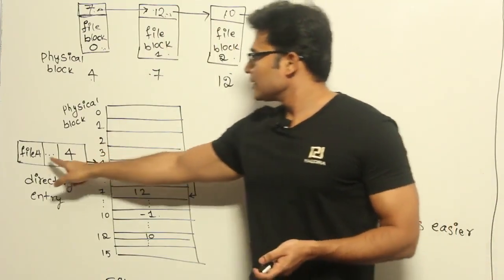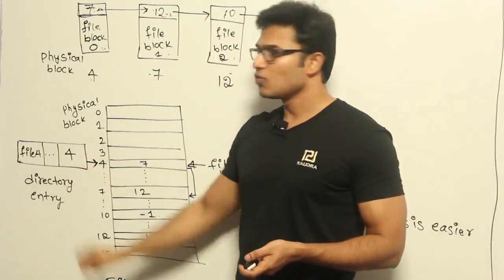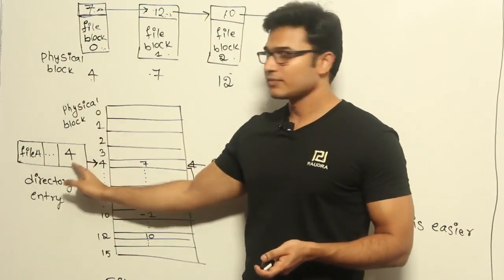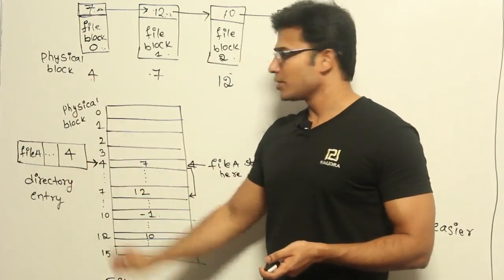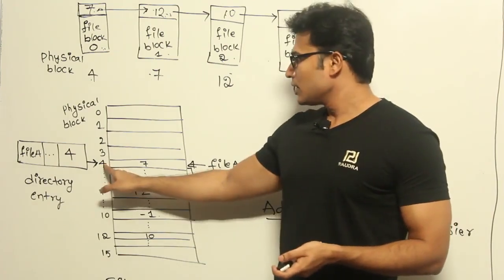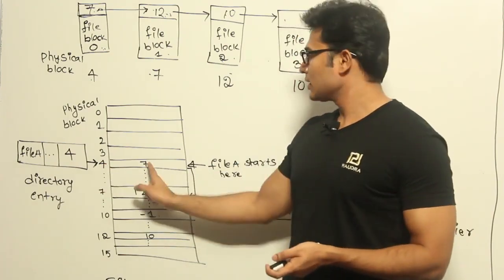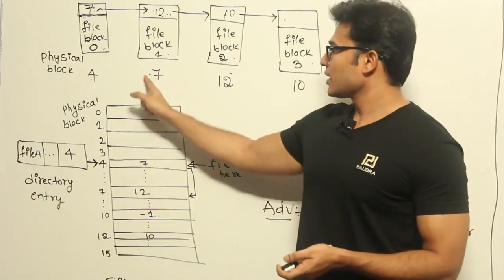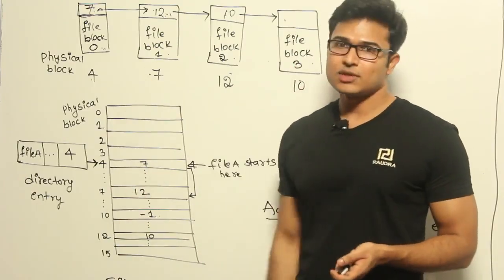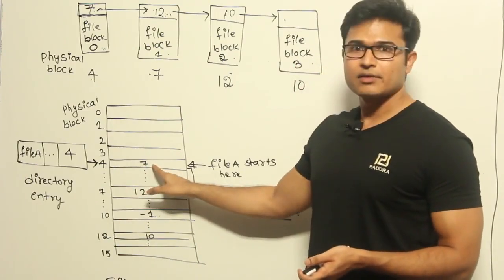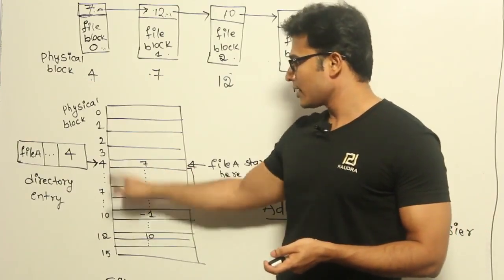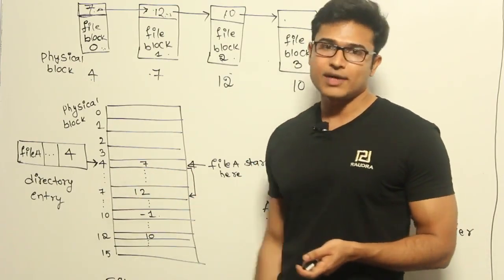For example, if you see the same file A, how it will be implemented is, file A is starting with 4. File A's first physical block is at 4, right? Now when you go to the entry 4, here you can clearly see that the second block is 7. The second block of the file is present in the physical block number 7. Now if you go to 7 in this array, it will give you where the third block of the file is present.